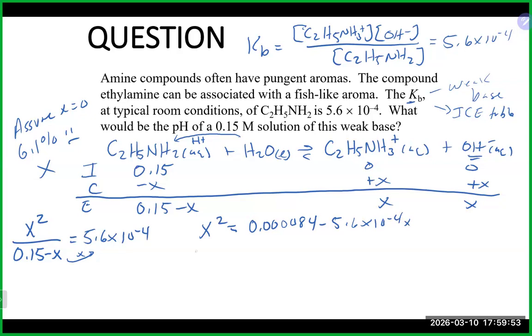Bringing everybody to the same side, x squared plus 5.6 times 10 to the minus 4 x minus 0.000084 equals 0 in this case. That obviously is going to be our a, b, and c in this case, right? That's going to go into our quadratic.